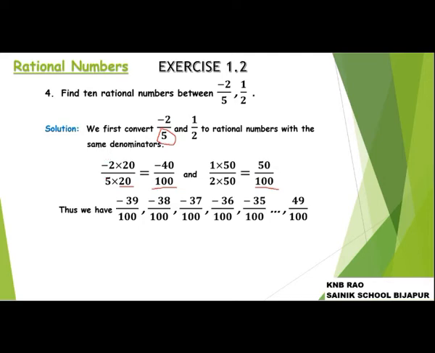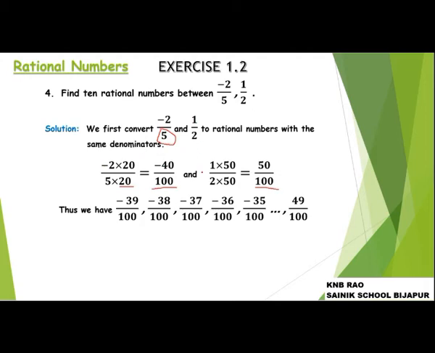That is 5 20s gives 100. Therefore minus 2 also multiplied by 20 gives minus 40. Therefore minus 2 by 5 is also called the simplest form of minus 40 by 100. So minus 40 by 100 is an equivalent rational number of minus 2 by 5.